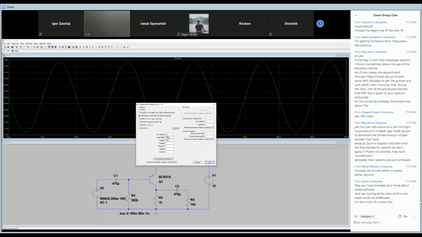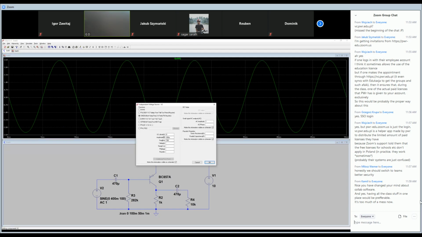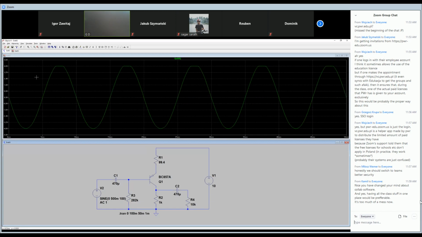Let's increase to 400 millivolts. Nice. Quite good. 500 millivolts. Look what happened. What happened with the output signal? Do you see it? At this point.